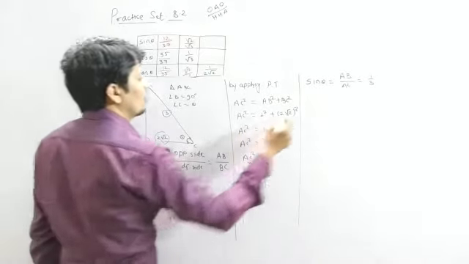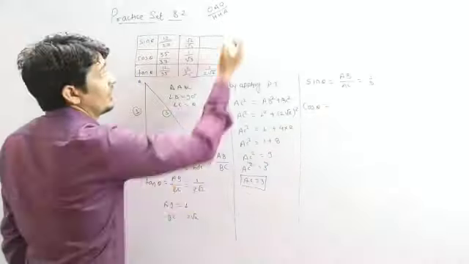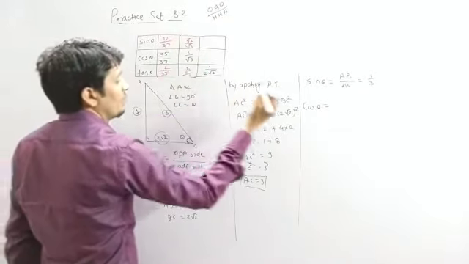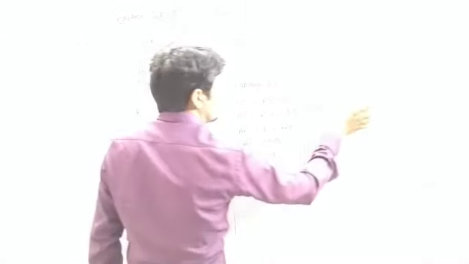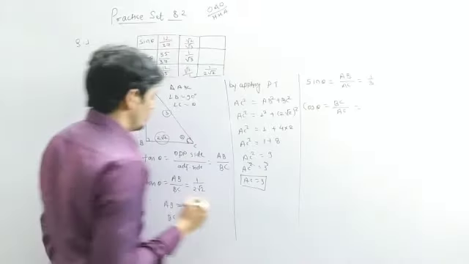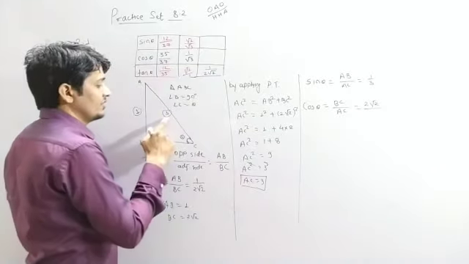Now for cos theta. What is cos theta? Adjacent side divided by hypotenuse. So what is the adjacent side? BC. So we have to write BC divided by hypotenuse, which is AC. So the value of BC is 2 root 2, so we write 2 root 2 divided by AC, which is 3.